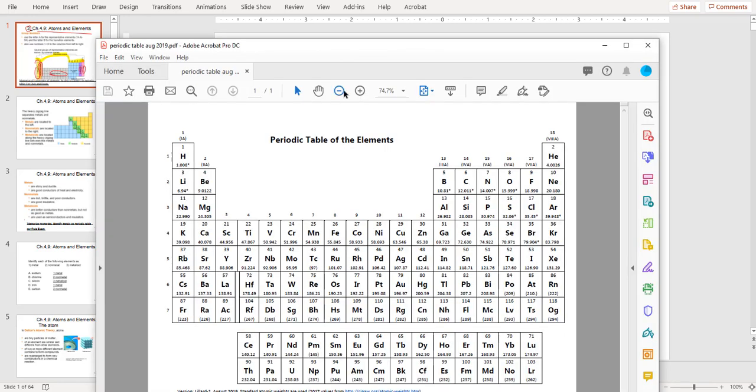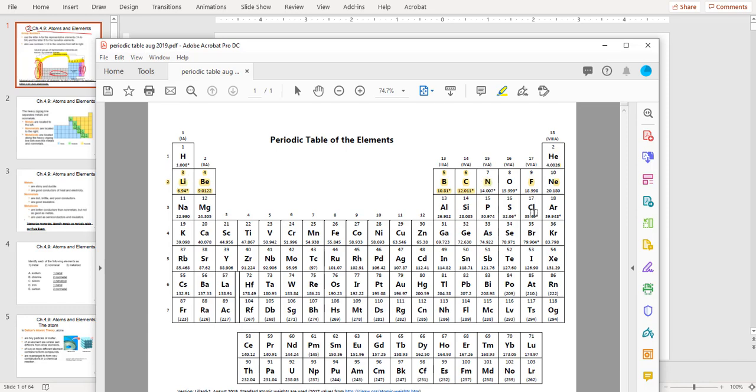So going back to our periodic table, fluorine, it's in group 7A, and that's a halogen. It also is in the umbrella group for representative elements.